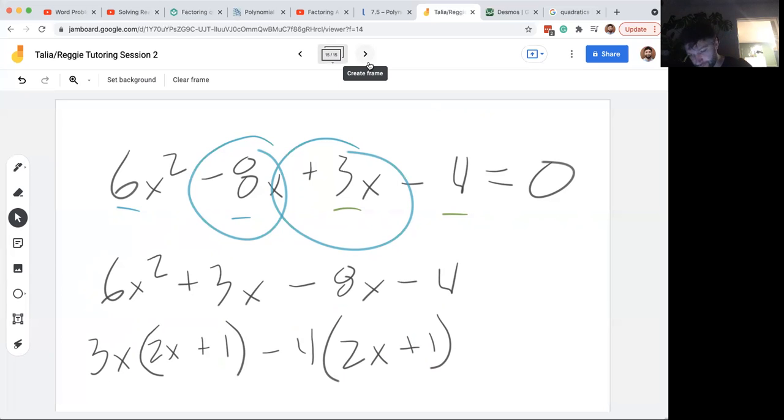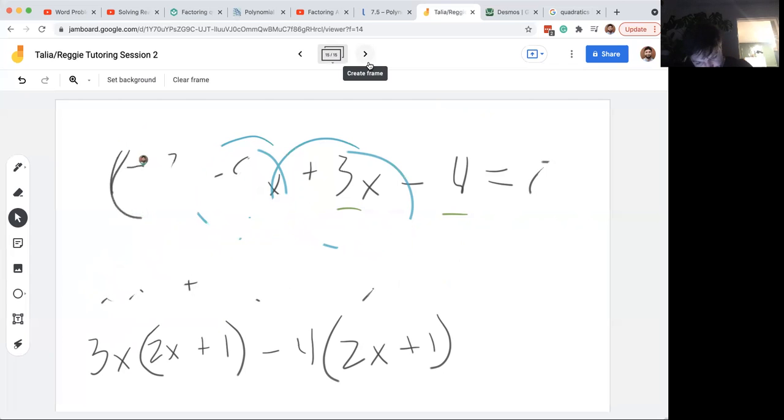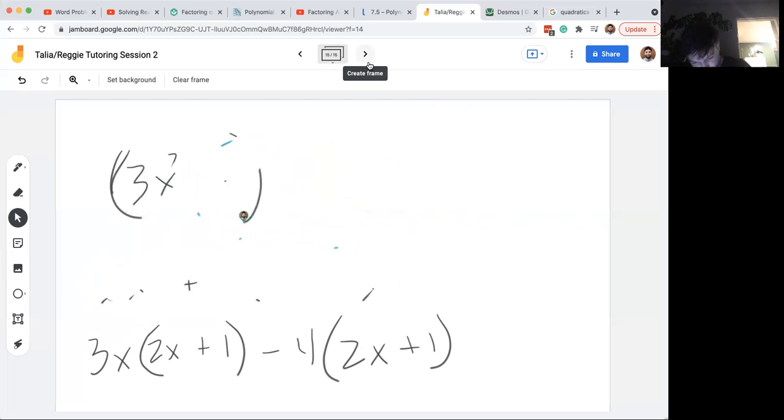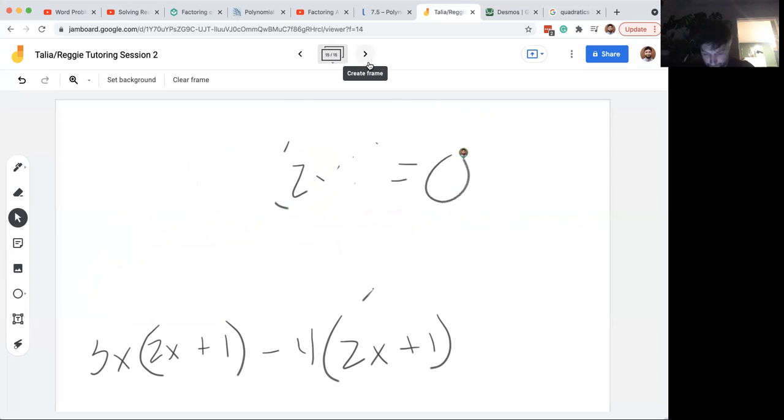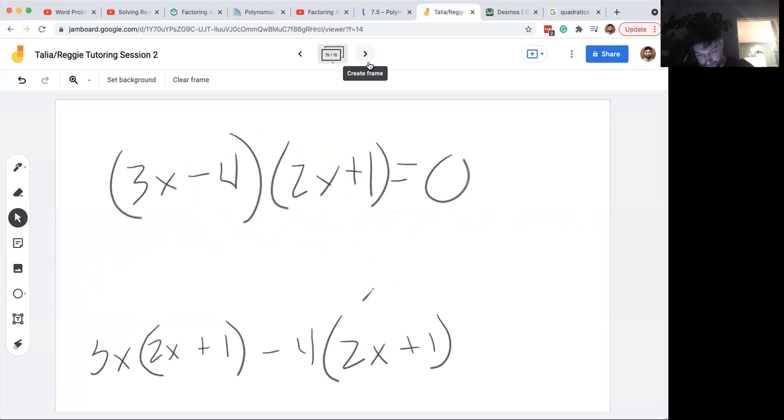I'll rewrite this whole thing as soon as this erases. 3x minus 4 times 2x plus 1 equals 0. Perfect.